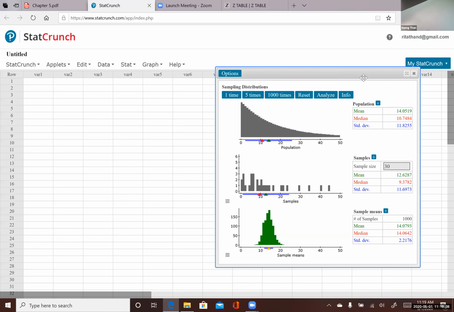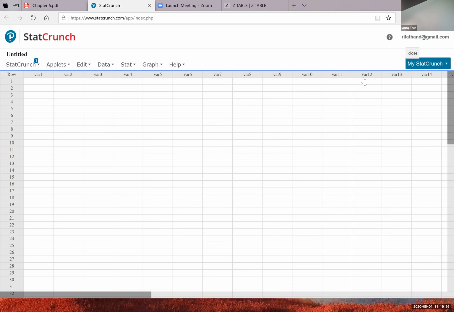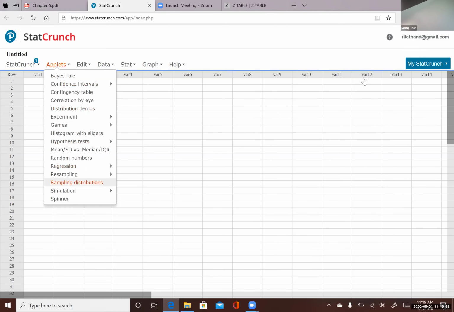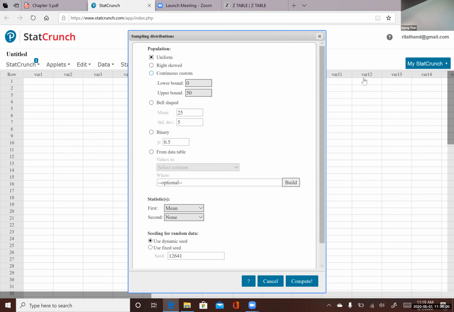Now, what if I change the distribution of the populations to be bell-shaped? And then I do the same simulations to see what happens to the distribution of the sample means. Another one. So I changed to bell-shaped, right? The mean is 25, the standard deviation is 5. I compute it.